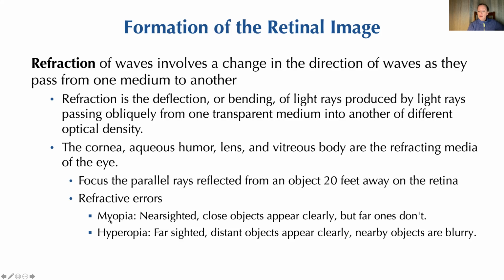Myopia means you're nearsighted. You can see close-up objects clearly, but far away objects are blurry. In hyperopia or hypermetropia, one is considered to be farsighted. So you can focus very easily on distant objects, but near objects are not so clear, they're blurry.